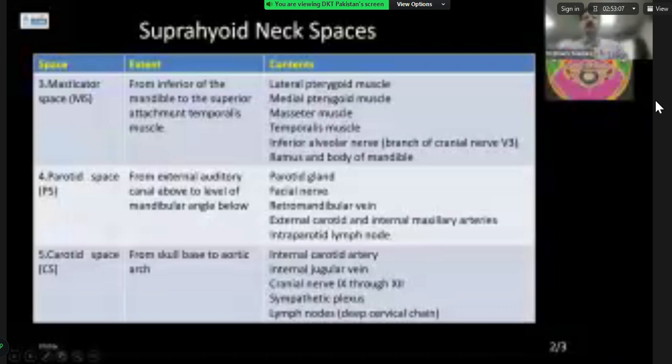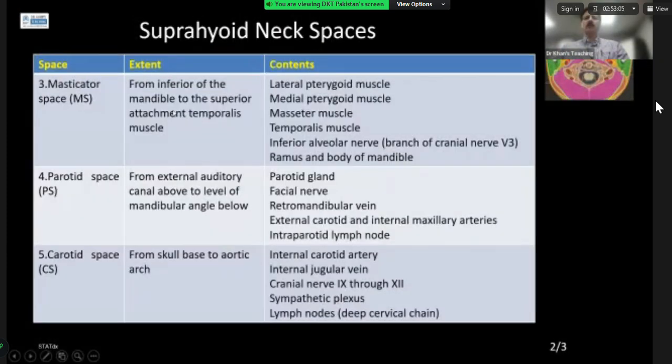And it goes all the way up base of skull, and from there intracranial, and it causes a subdural empyema, for example, or a malignant tumor of the masticator space, which goes through foramen ovale into the intracranial cavity. So these concepts are extremely important.